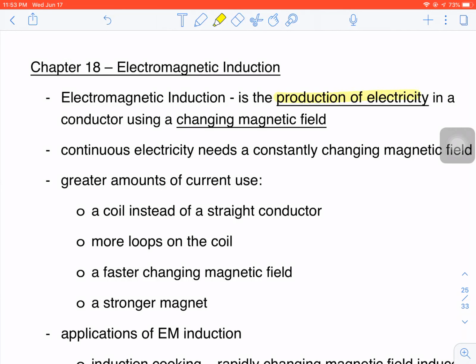Just like I had said in the previous chapter that the discovery of the electromagnet and the motor principle changed the world, this is the opposite scenario, and it likewise has changed the world and continues to change the world in our lives on a daily basis.